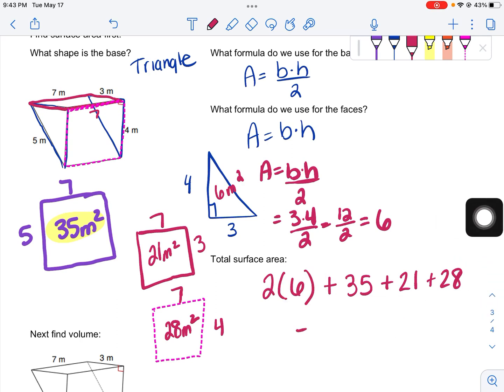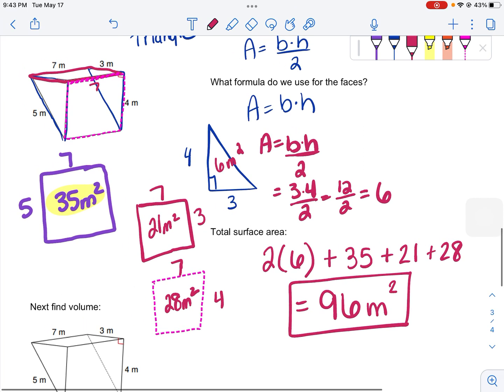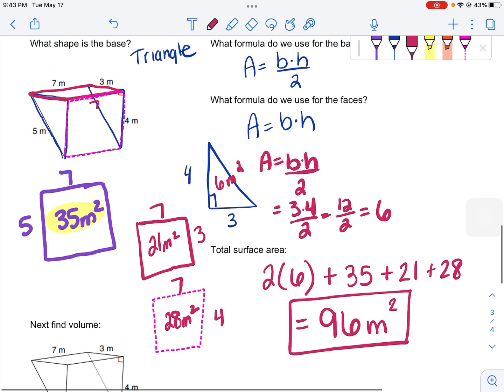So all together, what would my total surface area be with the correct units? Hopefully you chose 96 and you picked the correct units. Surface area would be in meters squared. So adding up all of those surfaces and area.